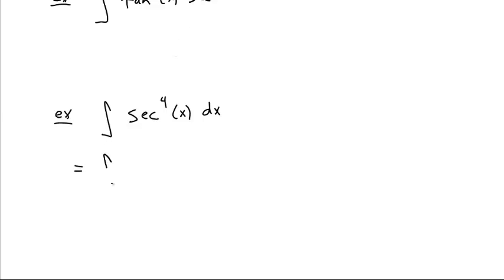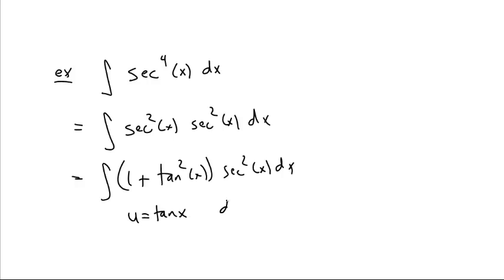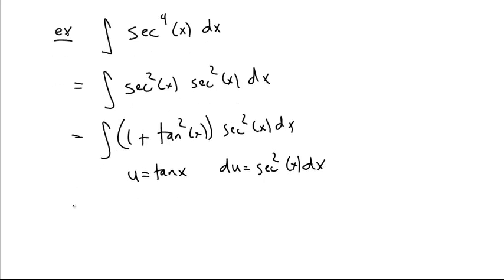You can set this as secant squared of x times secant squared of x dx, and secant squared is 1 plus tangent squared of x times secant squared of x dx, and all you have to do is set u equal to tangent of x, and du is secant squared of x dx, and there you are. We're left with 1 plus u squared du.